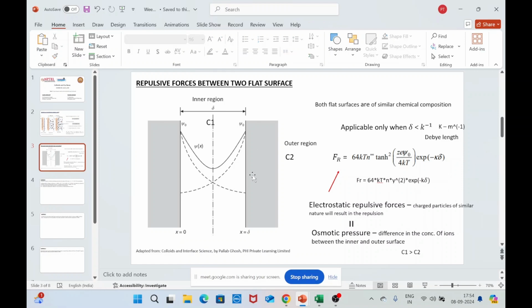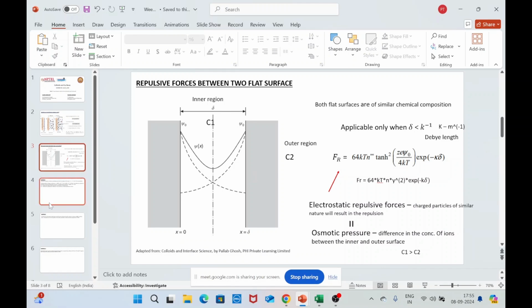So yes, this is about the electrostatic forces. Then we have the DLVO theory. In the DLVO theory, we discussed about the interactions, how the DLVO theory considers both the repulsive forces and the van der Waals forces of attraction with each other when determining the interactions between two particles or two surfaces.